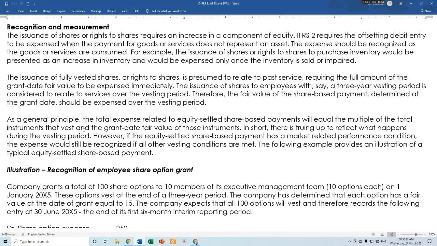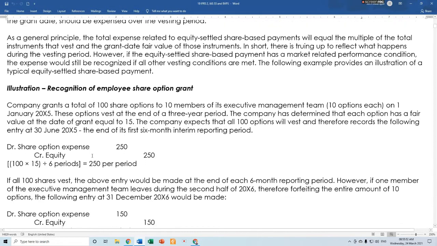So, kung kunyari dito sa example pa rin natin, nakapag-provide ka na ng 1 year out of the 3 years, so 1/3. Tapos, for the second year, cumulative computation, nakapag-provide ka na ng 2/3, tatanggalin mo yung in-expense mo ng last period para makuha mo yung expense for this period. So, basically, that is how we are going to compute for that. Meron naman tayong illustration for us to understand.